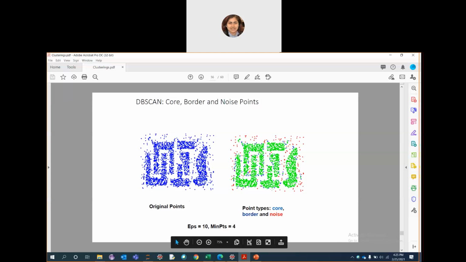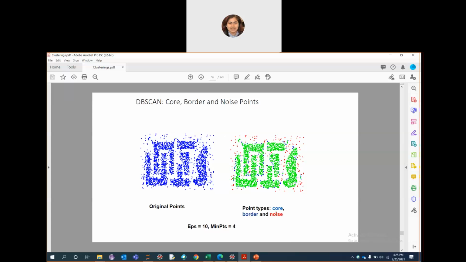It means that if the distance between 2 points is lower than this value of 10, then these points are considered neighbors. And min points 4 means that a minimum number of 4 points is needed to form a dense region.